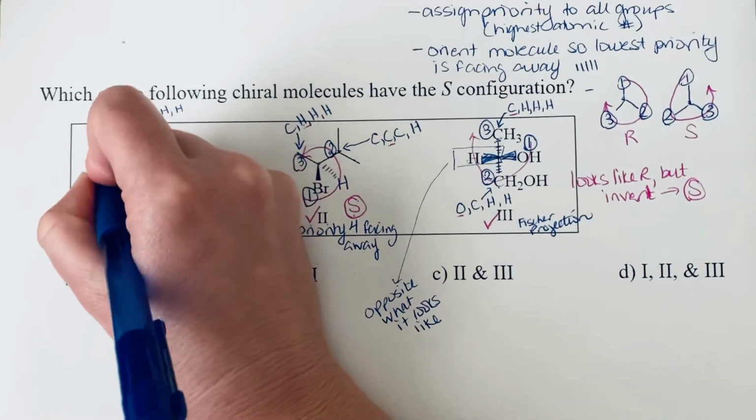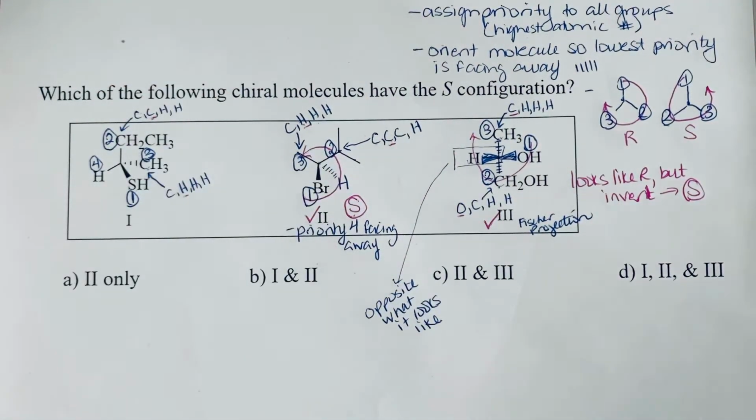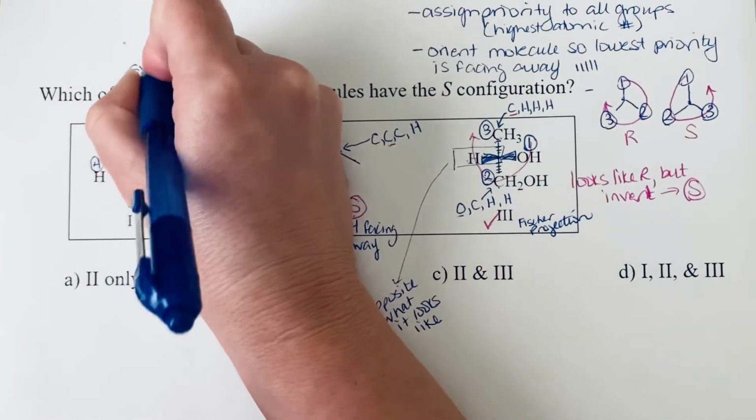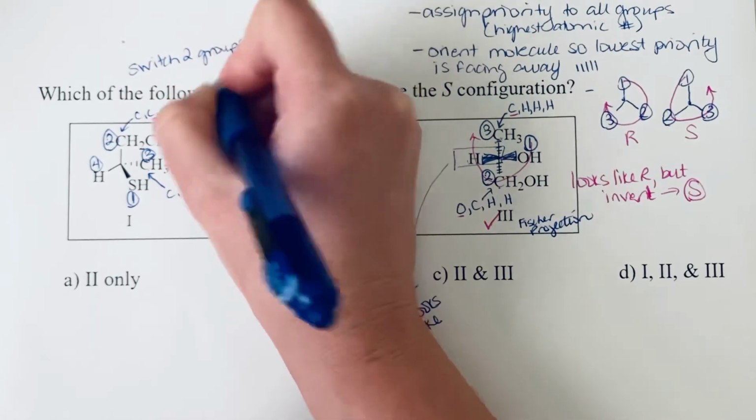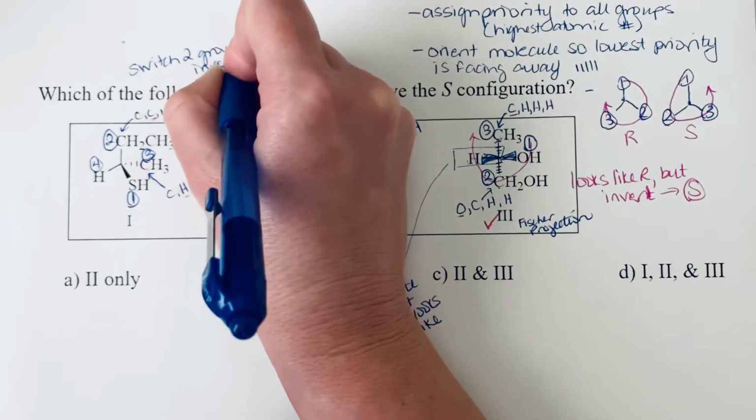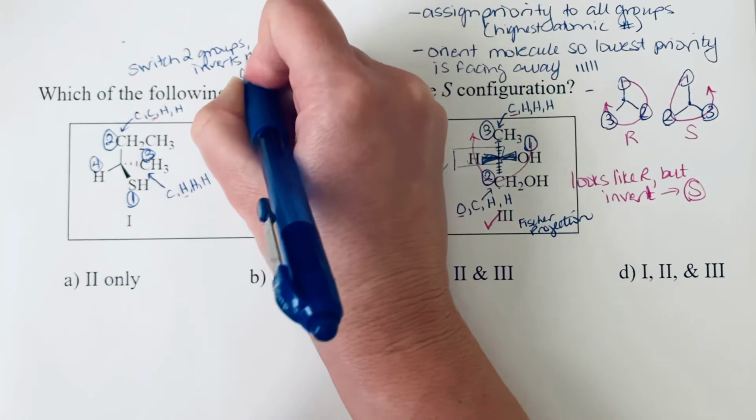So I'm actually going to give the hydrogen the priority 4 number this time. So we're going to use a trick. Whenever you switch 2 groups on a chiral center, it switches the chirality. So if you switch 2 groups, that inverts the chirality.